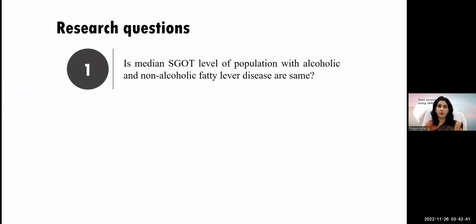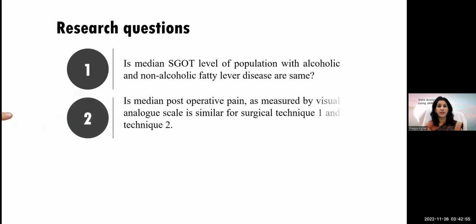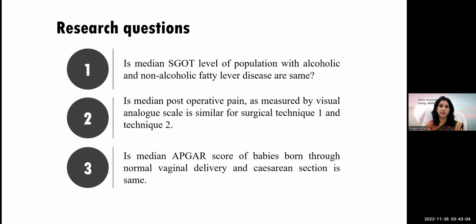So the research question could be the same research question, but I have just replaced the term median with the mean. Is the median SGOT level of the population with alcoholic and non-alcoholic fatty liver disease the same? Is median post-operative pain as measured by the visual analog scale similar for surgical technique 1 and surgical technique 2?